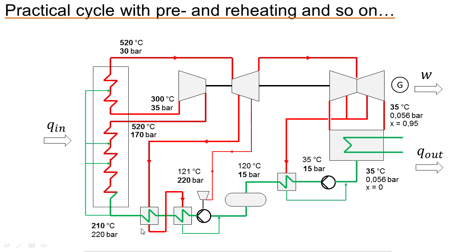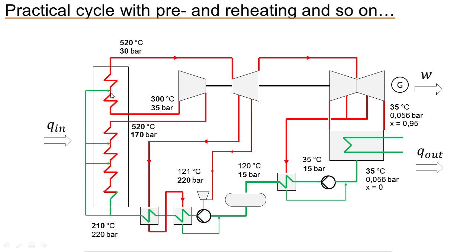And you see there's no more constant mass flow rate. The boiler consists of multiple parts. You have a boiler itself, and you have superheaters. You can control the superheaters by injecting water before the superheaters. That way you can control the output temperature of your boiler. And the same is true for the reheater.